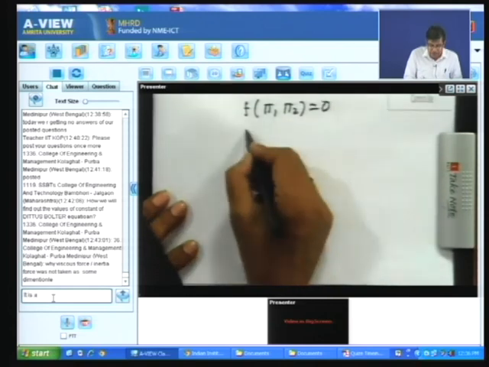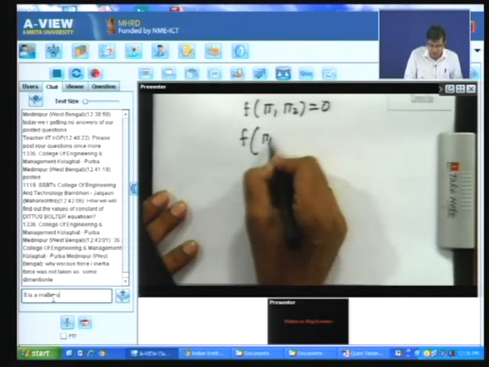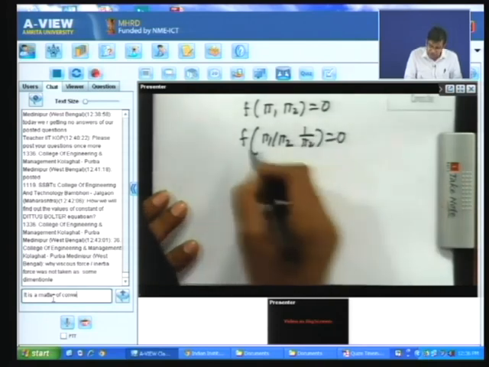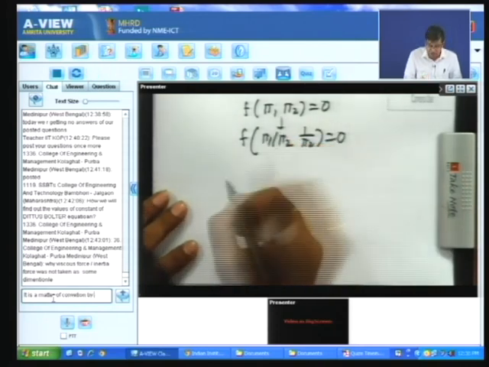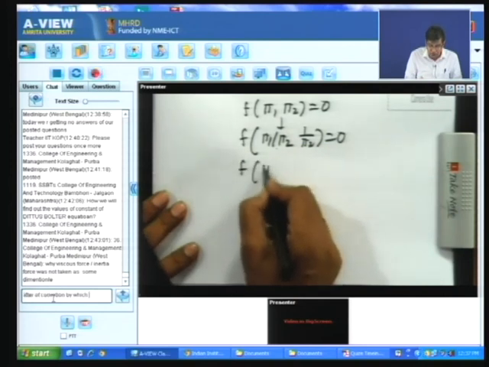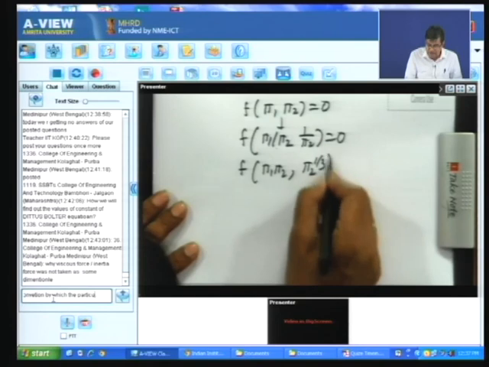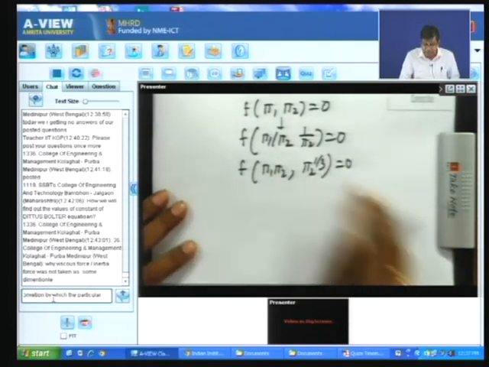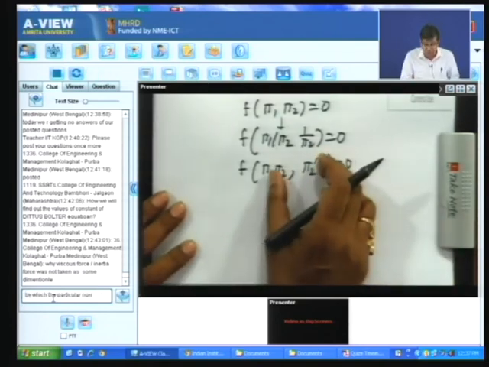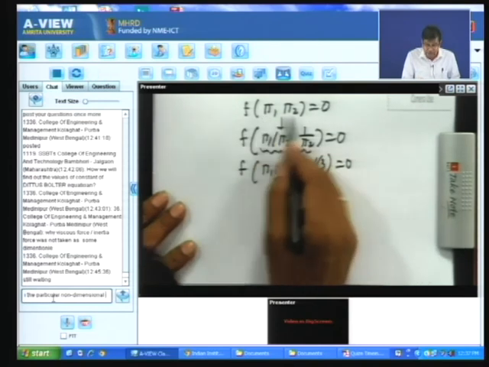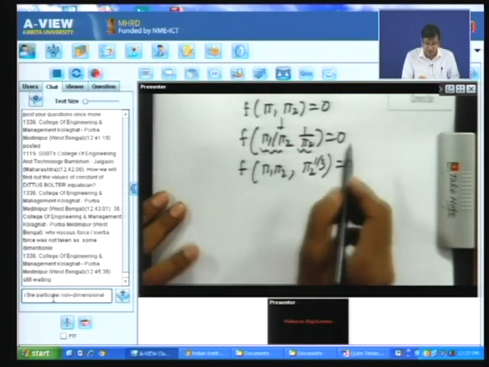Not altering this, one can tell that pi 1 by pi 2, or 1 by pi 2, can be defined by this also. There is no difference between these two. Or pi 1 into pi 2 to the power 1/3 is 0. All combinations of the pi terms are possible, provided the number of pi terms is the same. Okay, so this is another rule.